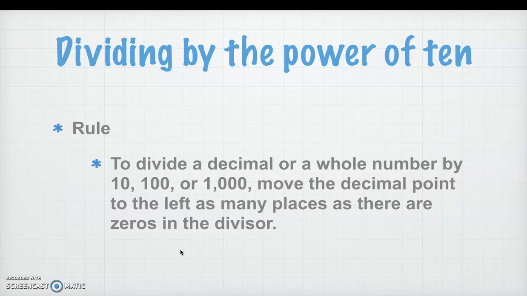I did explain how we have an imaginary decimal point at the end of the whole number. So it's the complete opposite. When you were multiplying by the power of 10, you had to move the decimal point to the right. But this time, since you are dividing by the power of 10, all you have to do is move the decimal point to the left as many places as there are zeros in the divisor. So let me go ahead and show you an example.